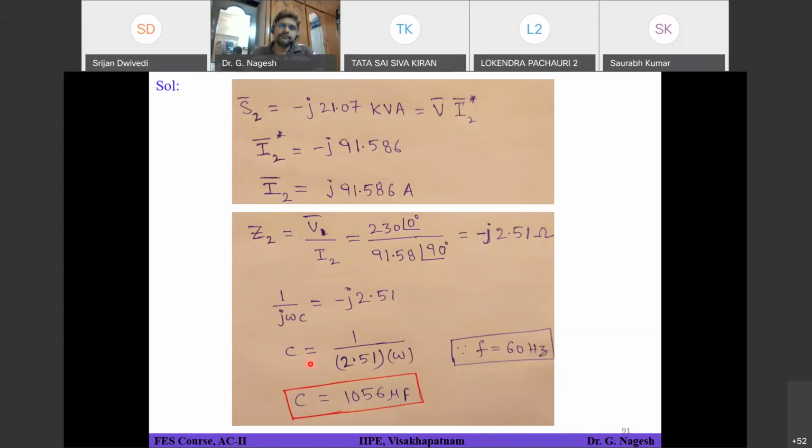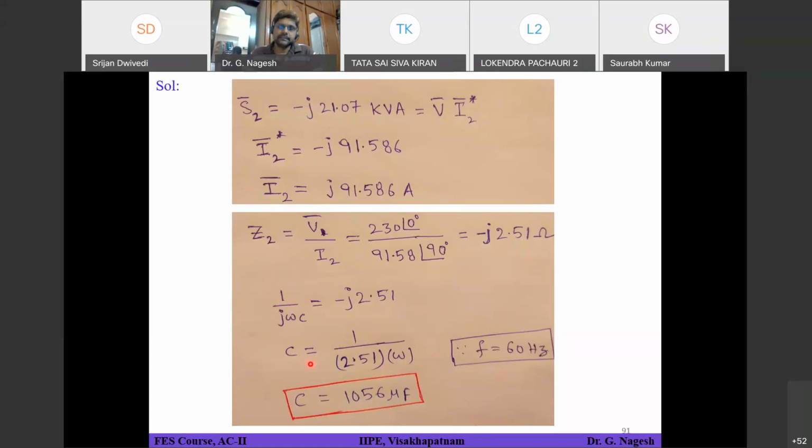Okay, so this is how you have to proceed. This kind of problem will give you an understanding of how to improve your power factor. In a real system also, you will use some capacitor connected in parallel to the existing load.